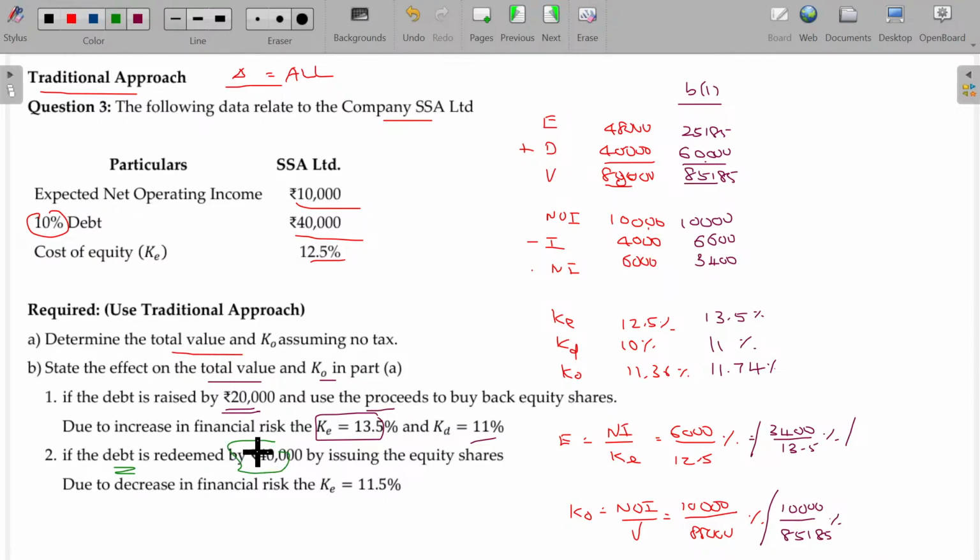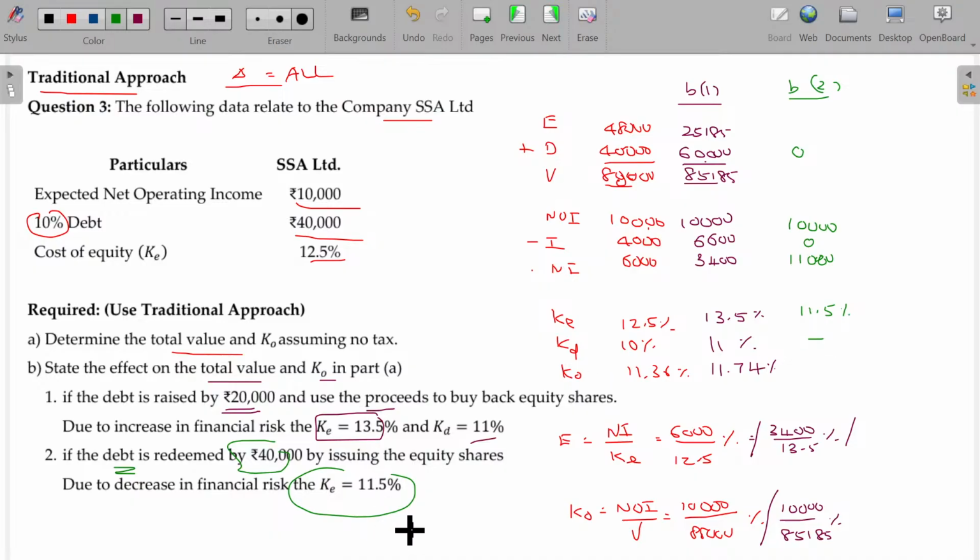Debt is redeemed by 40,000 is the next option, B2. Completely debt is redeemed. Right, so 10,000. And what about the KE here? 11.5 percent. We don't have interest, so we have only net income for the equity shareholders. Now what about the KD? KD is dash.